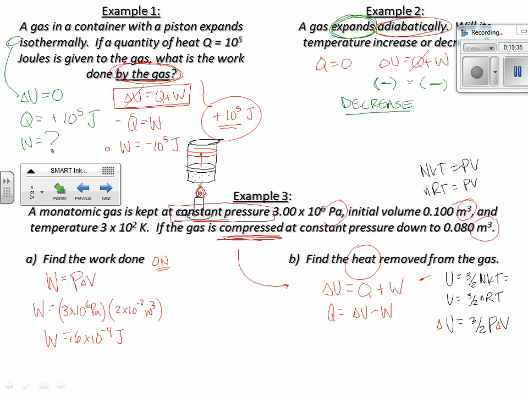Lots of ways to skin these cats, solve these problems. So there's our delta U. So our Q here is going to be, well, check this out.